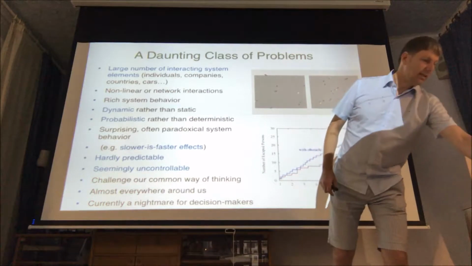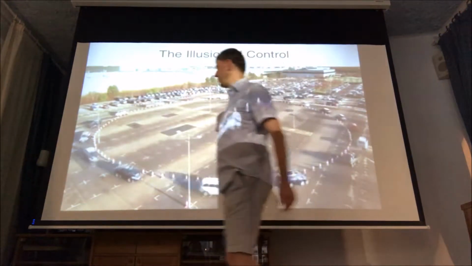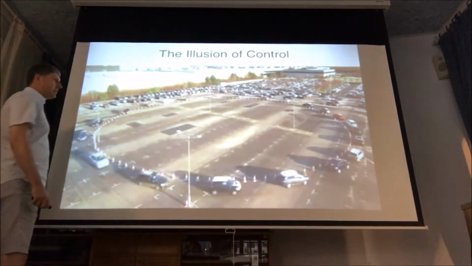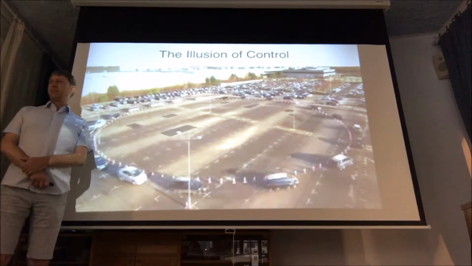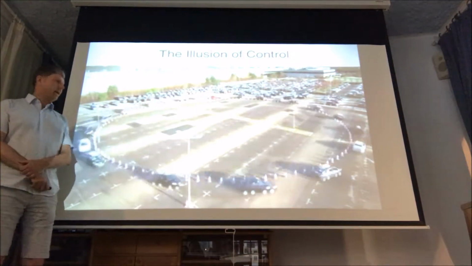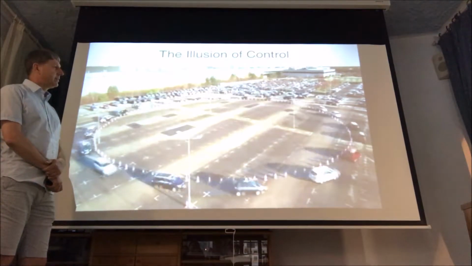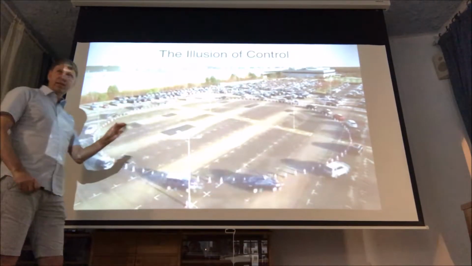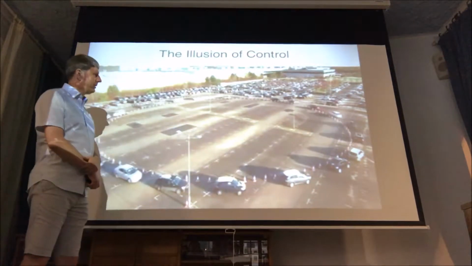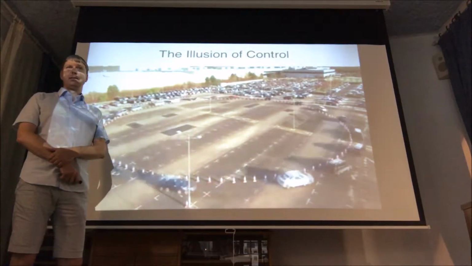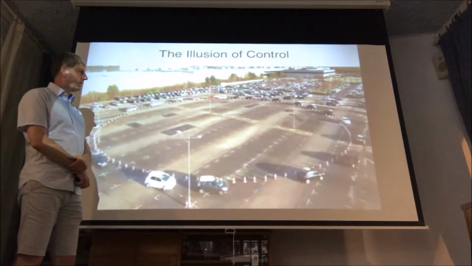So let's take phantom traffic jams as an example. Nobody wants this, but it happens every single day. At least when the density is above a critical threshold, then very small variations in the speed will be amplified. There will be a domino effect.